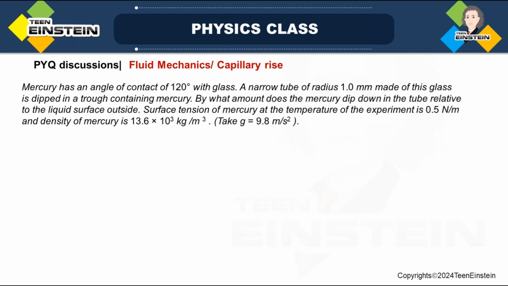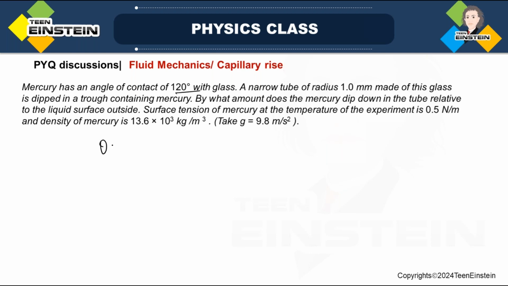Let me go to the next problem. This problem is again very interesting. Let us first read that and try to solve it. This question says mercury has an angle of contact 120 degree with glass.